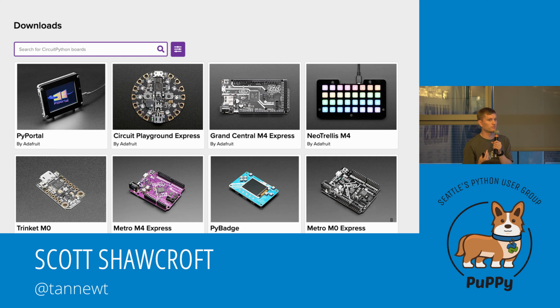So these are some of the form factors of devices that you can buy online that run CircuitPython and can run your code. The Trinket M0 is probably the smallest one, and we have everything in between. We have the Game Boy cart, although you can't really buy that yet. I do have a lunchbox full of stuff, so after the talk, I'm going to hang out and answer questions and show off hardware if you're curious about that.